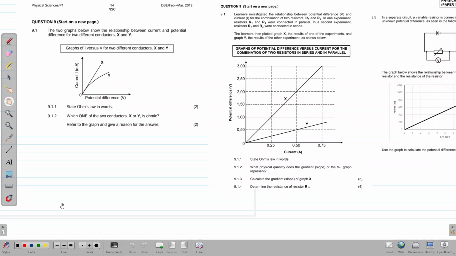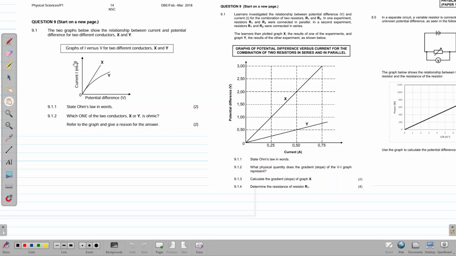So let's do this question and then let's do the rest here. So 9.1, the two graphs below show the relationship between current and potential difference for two different conductors, X and Y. The graphs of I versus V for two different conductors, X and Y, are given below.